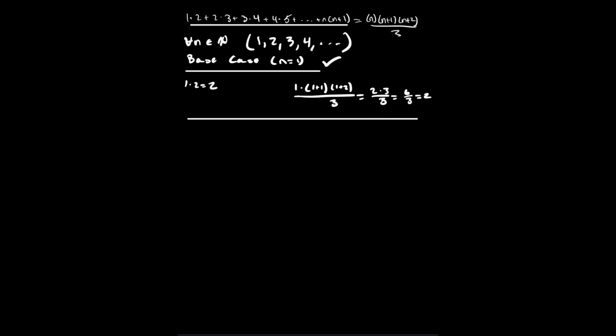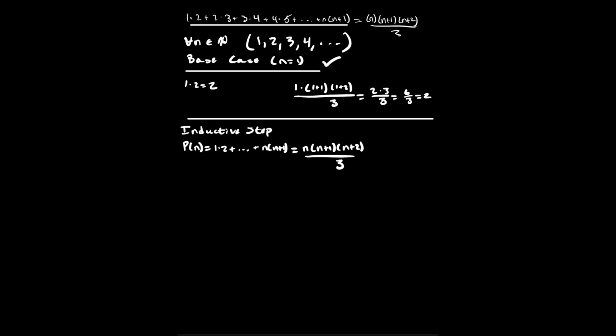Next, we're going to do our inductive step. So first, we're going to state our inductive hypothesis: 1 times 2 plus ... plus n times n plus 1 is equal to n times n plus 1 times n plus 2 all over 3.